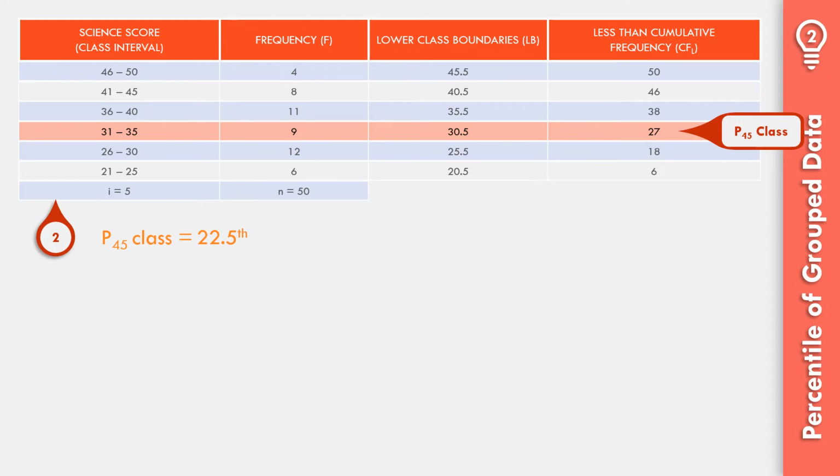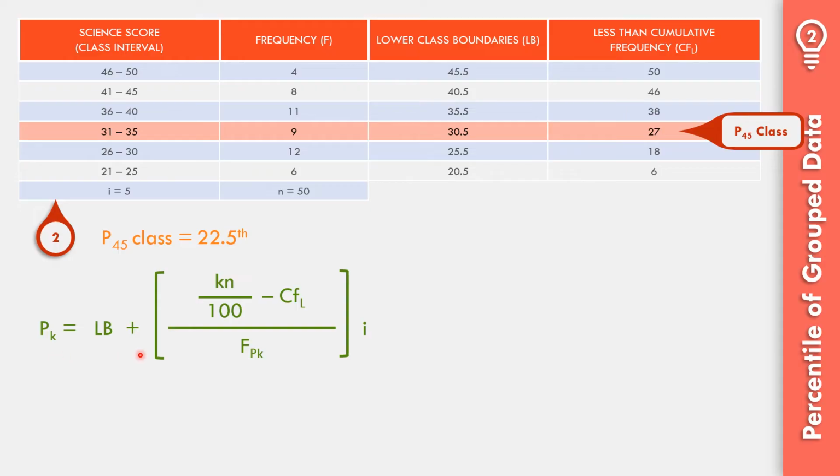Let us continue to solve for the p sub 45. The formula p sub k is equal to LB plus the quantity k times n all over 100 minus the CF sub L all over the F sub pk times the interval. So if this is the p sub 45 class, the lower class boundary is equal to 30.5, let us copy, plus multiply it with k, the value of k is 45, the total frequency 50, copy, and then copy 100.